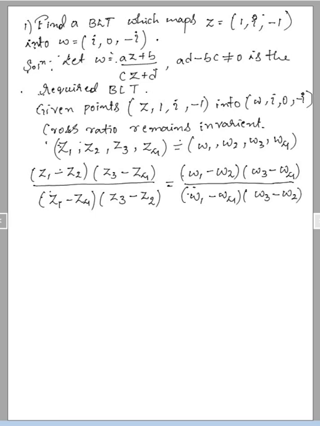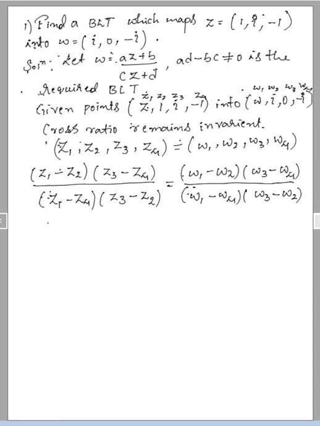Now substituting the values. What are those values? Here we have given points Z1, Z2, Z3, Z4, and similarly W1, W2, W3, W4.